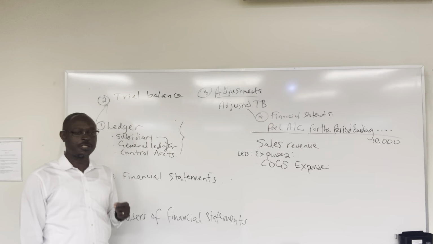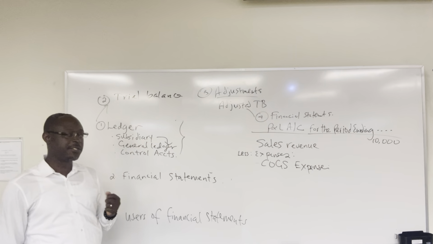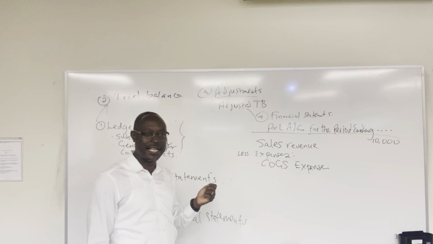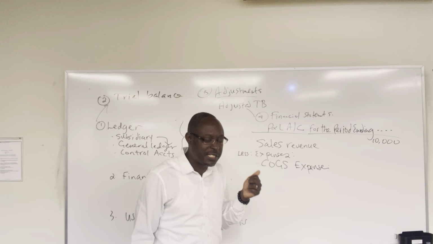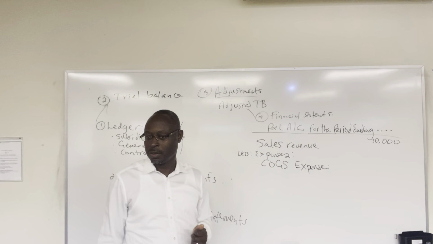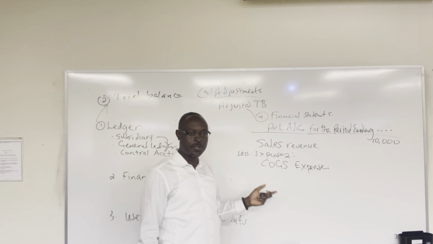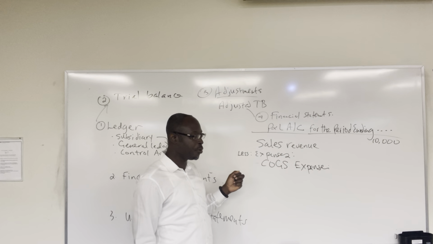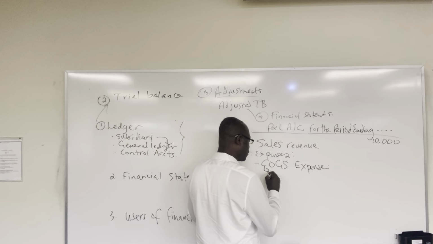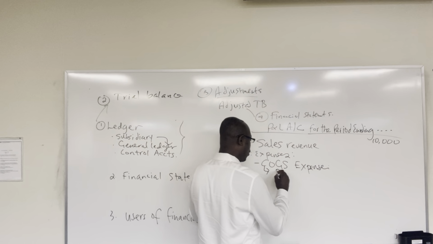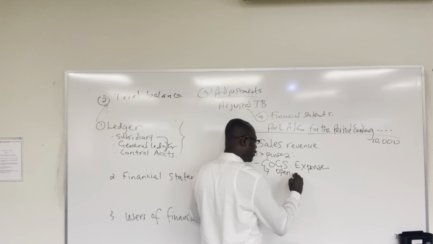Cost of goods sold is an expense. We are not interested in how much you sold. We are interested in the cost of what you sold. How much did you buy for the stuff that you just sold? There is a way to calculate cost of goods sold, and I can show you, and it is as follows. To calculate cost of goods sold, you need to say my opening inventory, my beginning inventory.